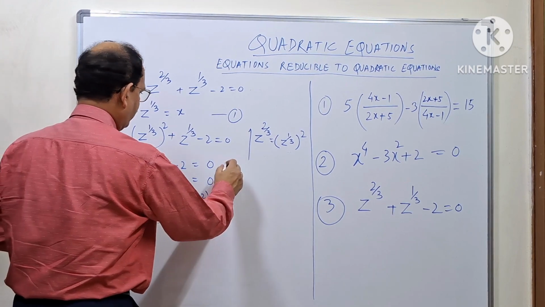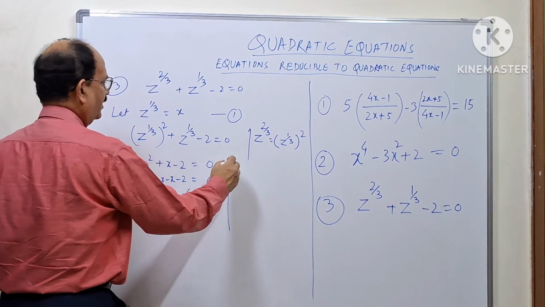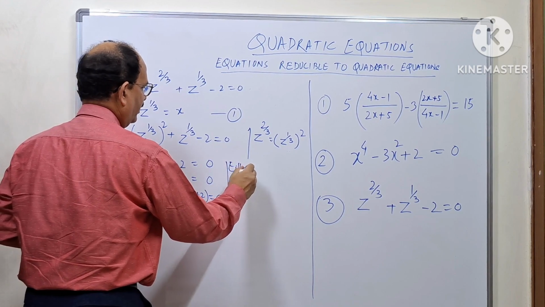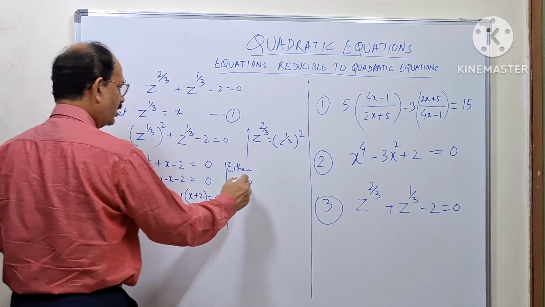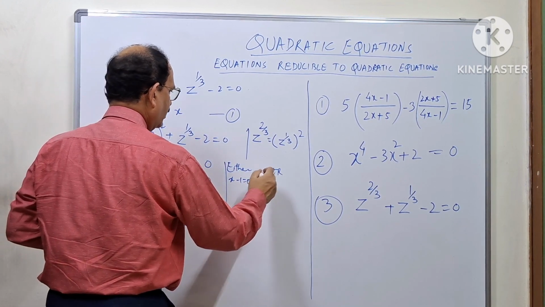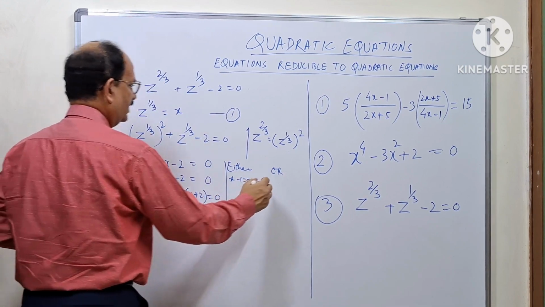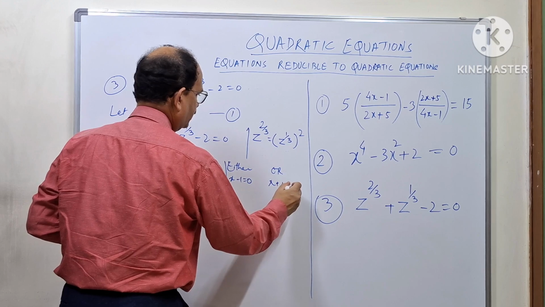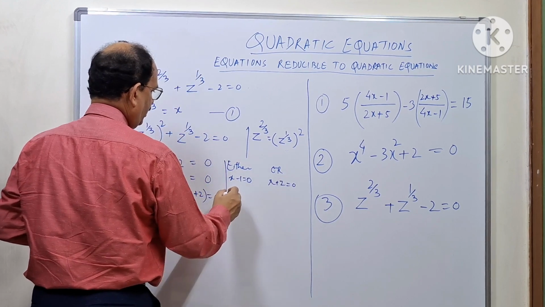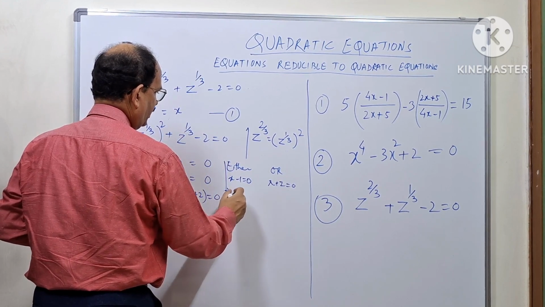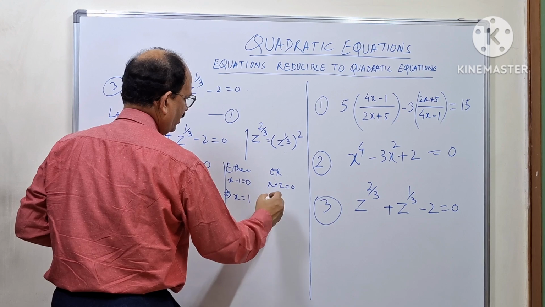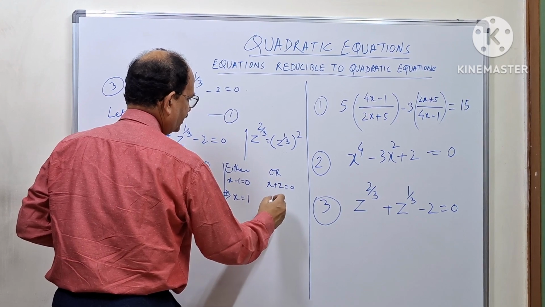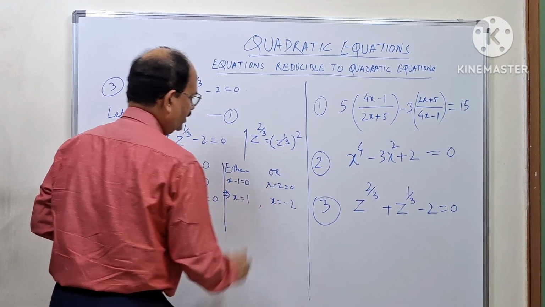From this we can conclude that either x minus 1 is equal to 0 or x plus 2 is equal to 0, and this leads to x is equal to 1 or x is equal to minus 2.